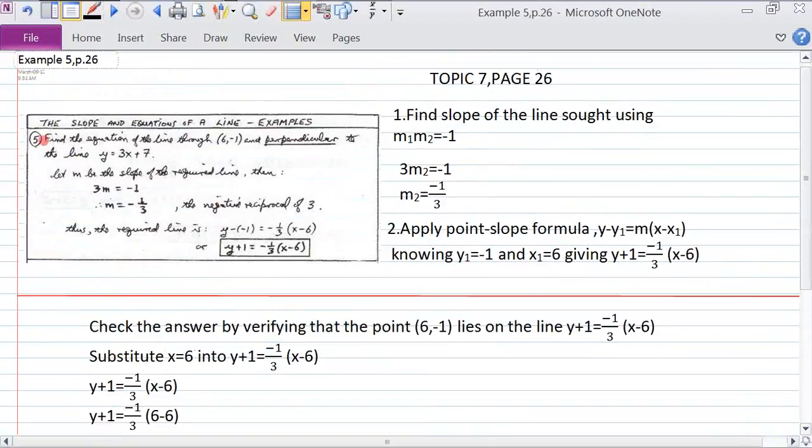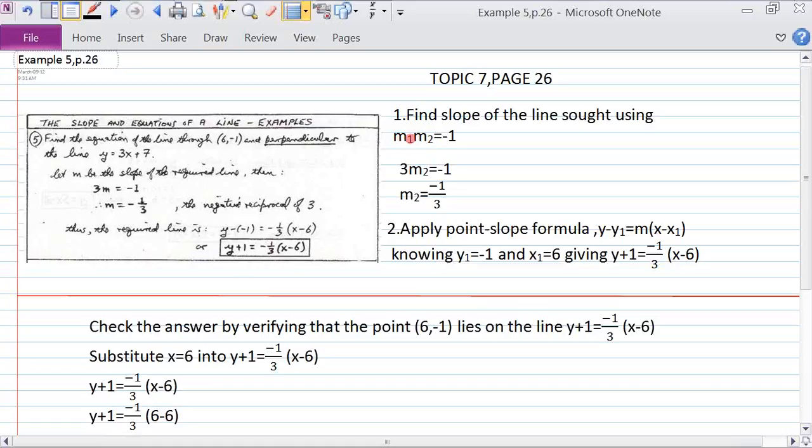It says find the equation of the line through the point (6, -1) and perpendicular to the line y equals 3x plus 7. So we know the slope of this line is 3. And what we have to do is find the slope of the line perpendicular to it. So we can do it with this formula here, m1 m2, which simply means the product of two perpendicular lines.